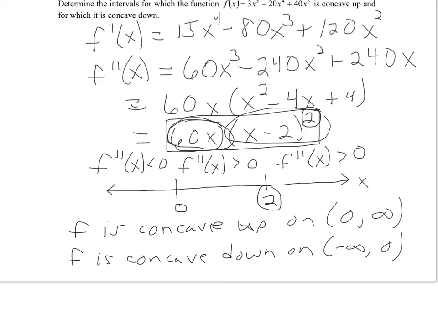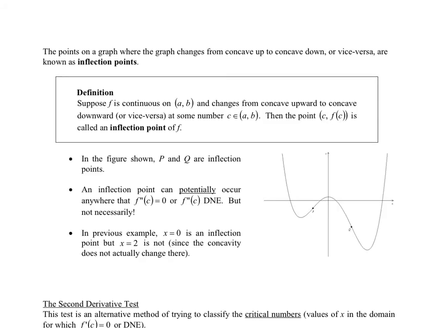Of course, that wasn't a terribly difficult example because it was just a polynomial, but it gets the ideas across. Okay, so let's skip ahead and see what we've got on the next page.